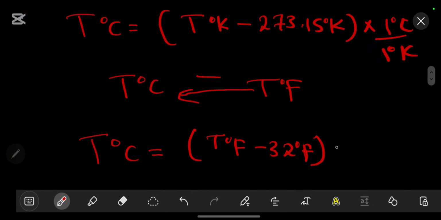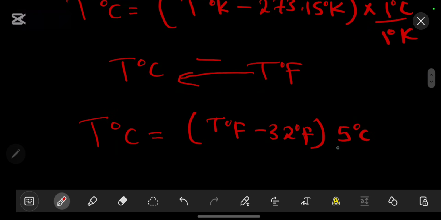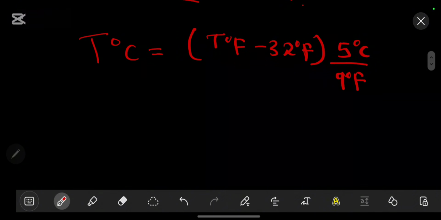Then we write our 5 degrees Celsius over 9 degrees Fahrenheit. This is how you can memorize the formula: C in terms of the alphabet is less than F, meaning you put your 5, which is less than 9, like that. So just memorize, we have a 32, 5 and a 9 there.